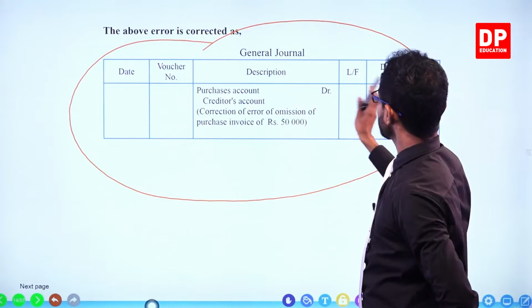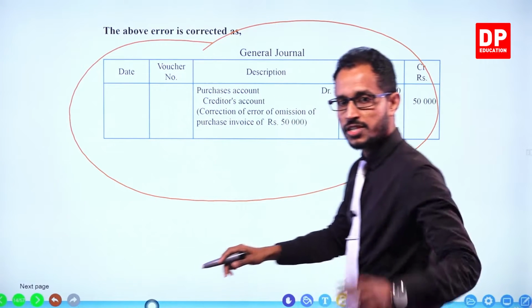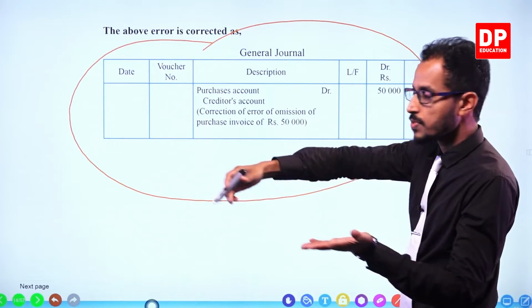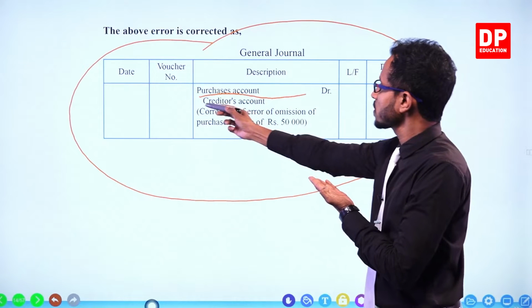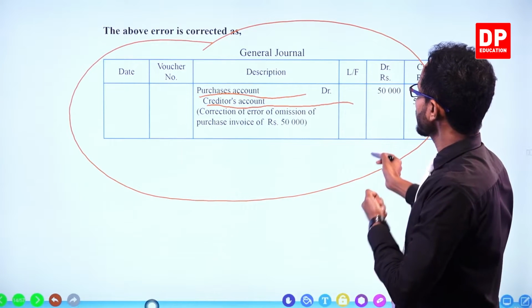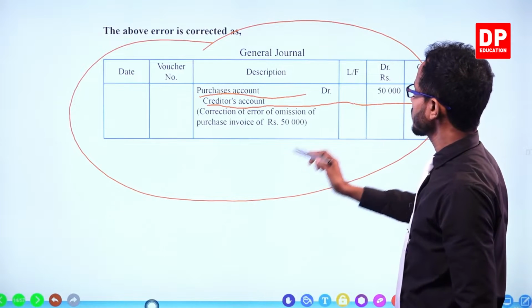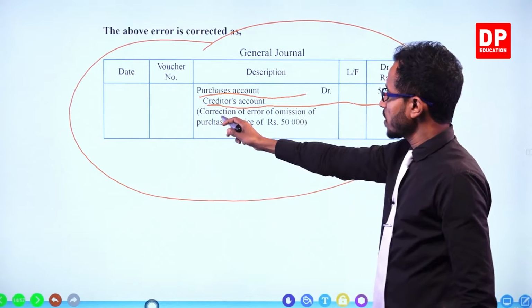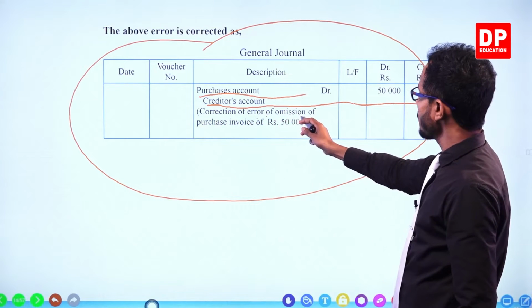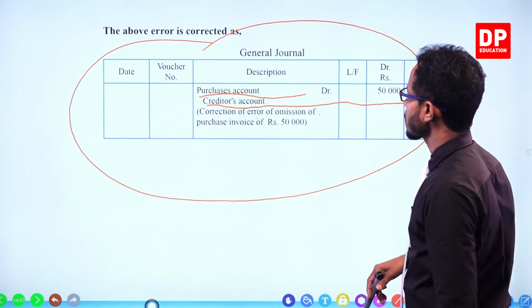Purchase account debit 50,000, creditors account credit 50,000. Can you see? Narration: correction of error of omission of purchase invoice 50,000.